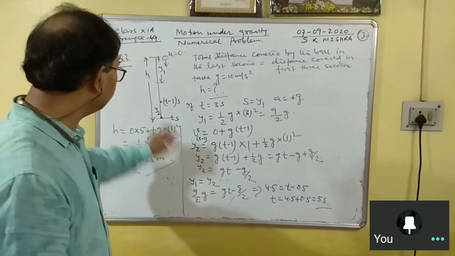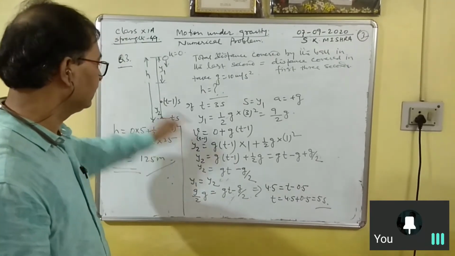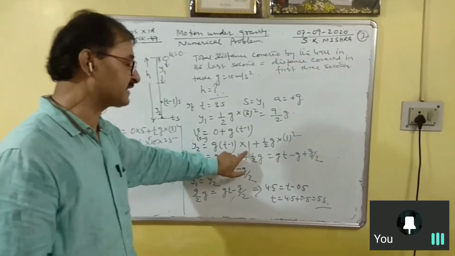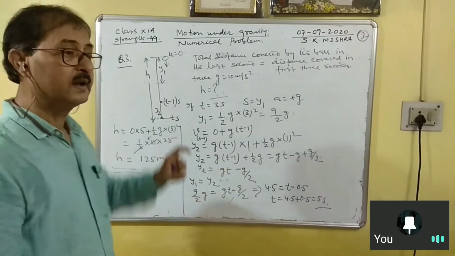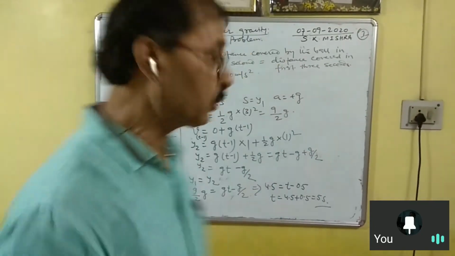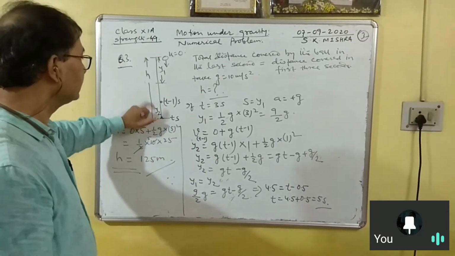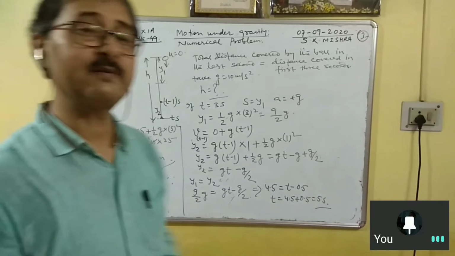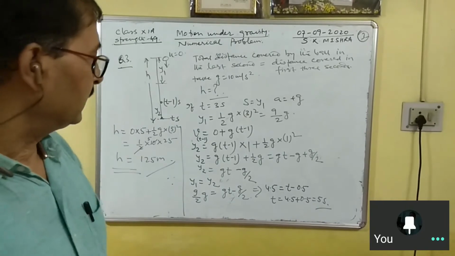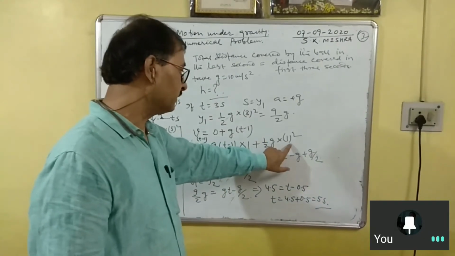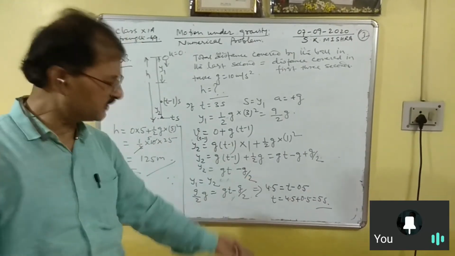Now this distance is equal to initial velocity, which is g(t minus 1) here, into t, t is 1 second, plus half g t square, again t is 1 second. This interval, last second means 1 second. If the total time is 5 seconds, then this is 4 seconds and this is 5 seconds. Fifth second means 1 second, interval 4 to 5. So last second, and then you put t is equal to 1 only. And then after that you have to solve it mathematically. Simple mathematical relation is there.